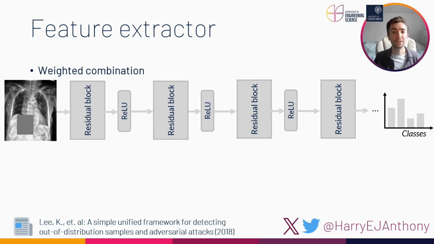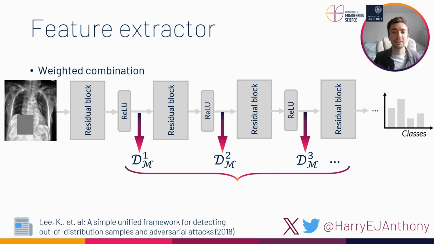So another common implementation of Mahalanobis Score is to collect distances after residual blocks in the network and then weight them together to get one single score to use for out-of-distribution detection. The distances are weighted together using coefficients alpha, which are usually calculated using logistic regression on an external OD dataset.